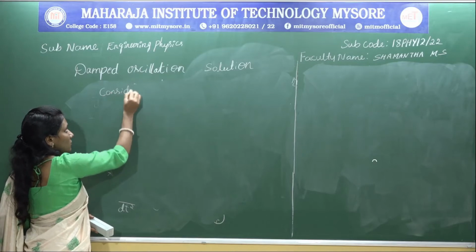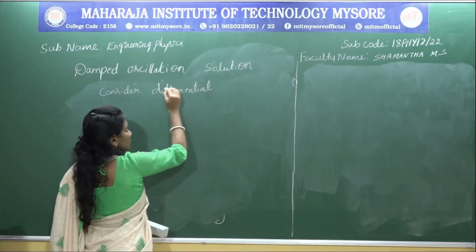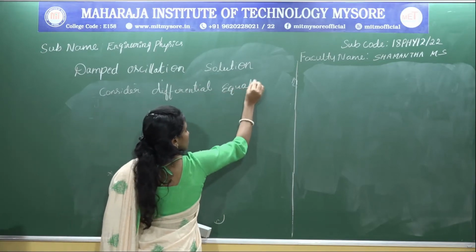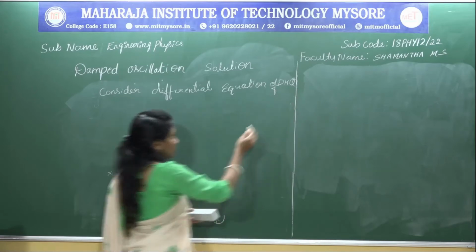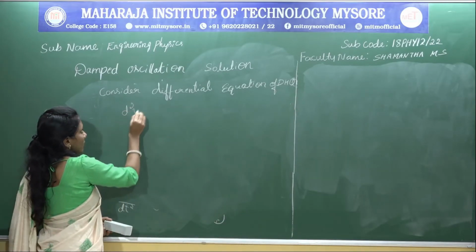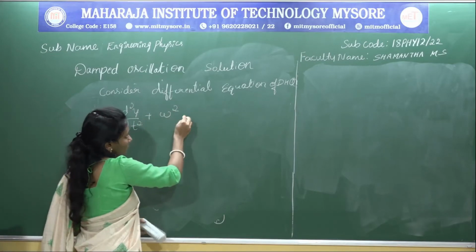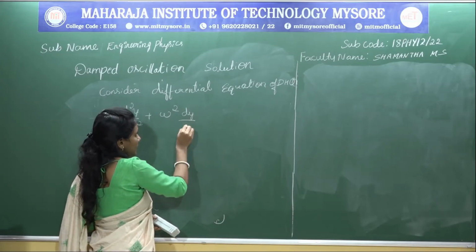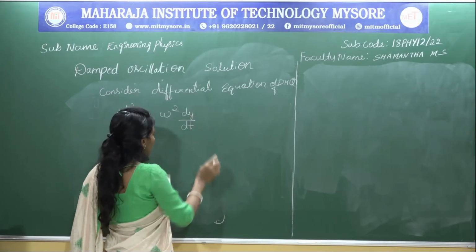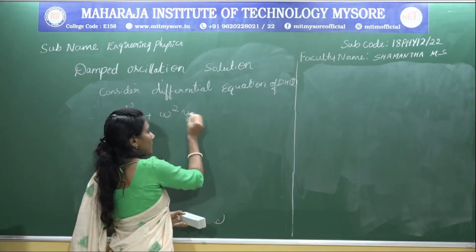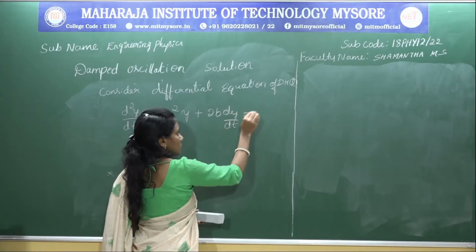Consider the differential equation of the damped harmonic oscillator, that is d square y by dt square plus omega square y plus 2b dy by dt is equal to 0.